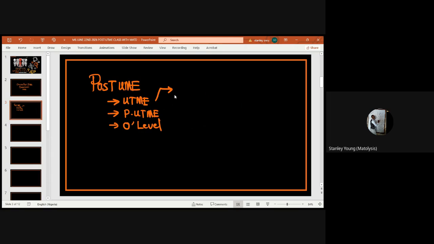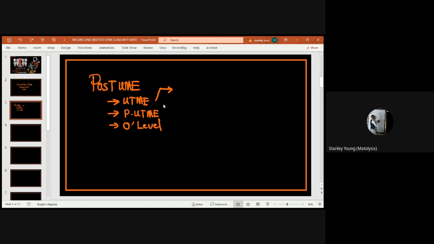But over the years, due to some examination malpractices, especially at the O level, they decided to introduce a post-UTME so that it gives students that are good an extra edge into gaining admission into UNILAG. UNILAG started it in about 2005. Then other schools started from 2007.